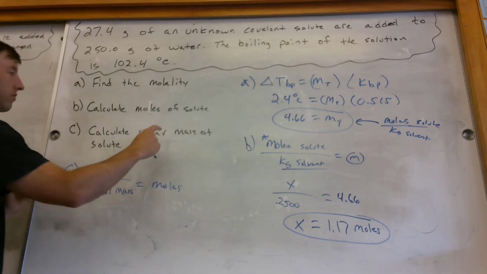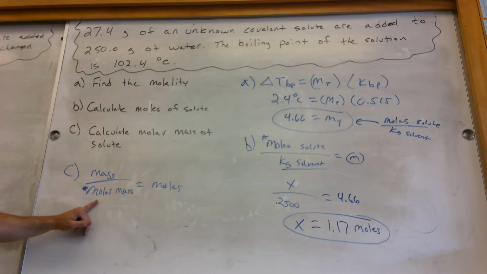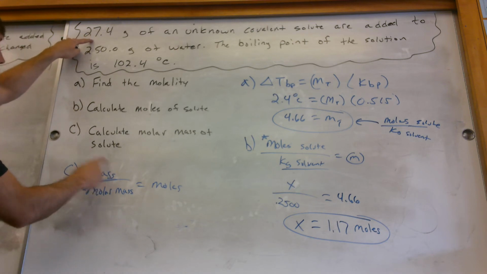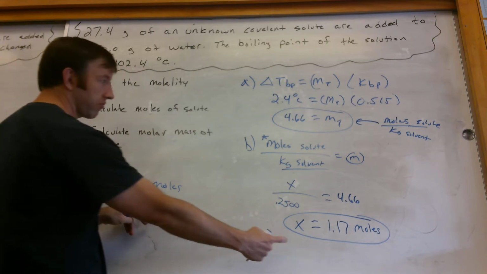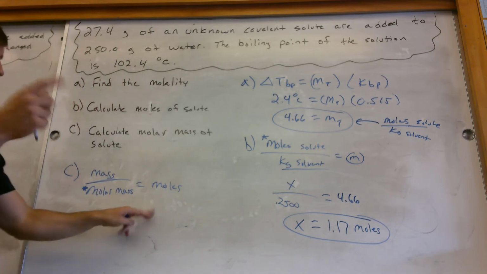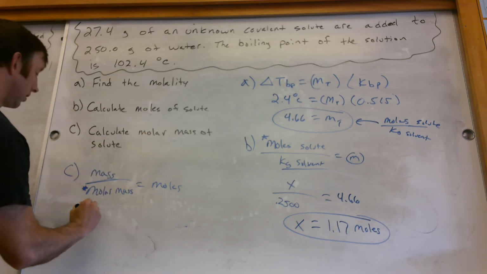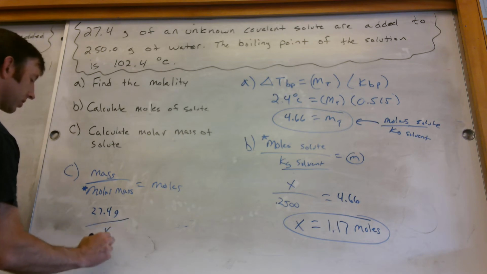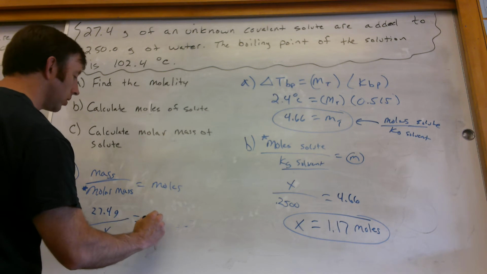So again, I want to find molar mass. This molar mass is my unknown value, that's my x. I know my mass because it's given up here in the question: 27.4 grams. I know my moles because I just solved for it in step B. So I fill in these values: 27.4 grams over x, which is my molar mass, equals 1.17.